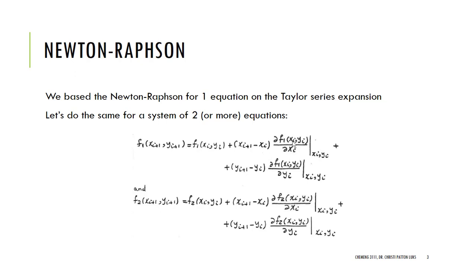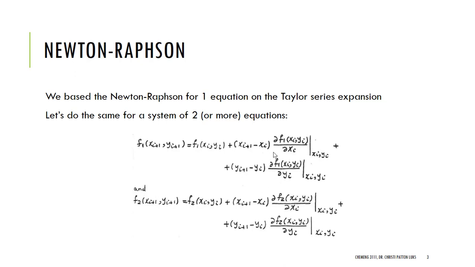But a first-order Taylor series expansion for a function of x and y is going to be based on a starting point of the function at x and y, plus delta x times the first derivative of the function with respect to that x, plus delta y, my other variable, times the change in f1 with respect to the y.